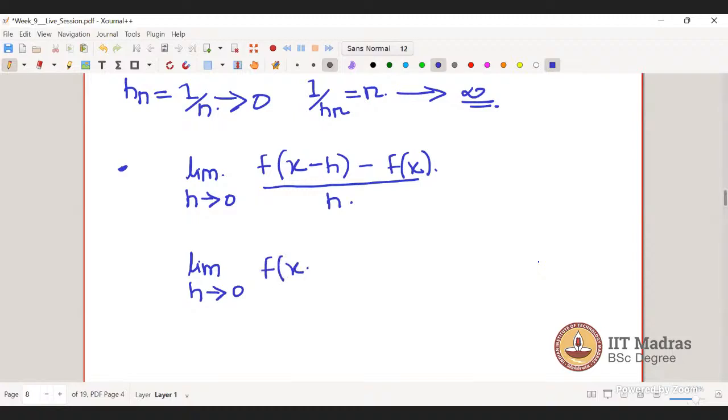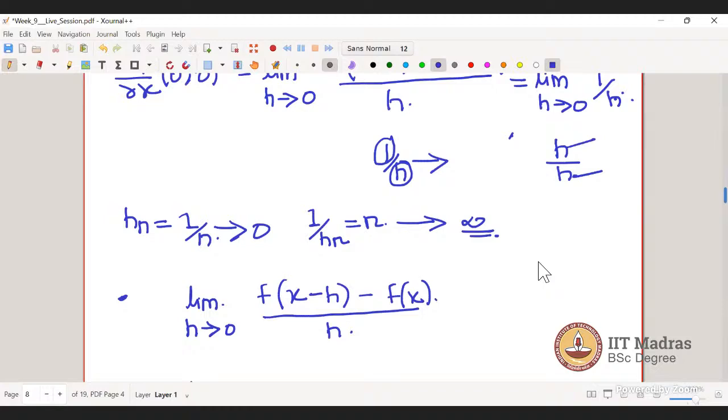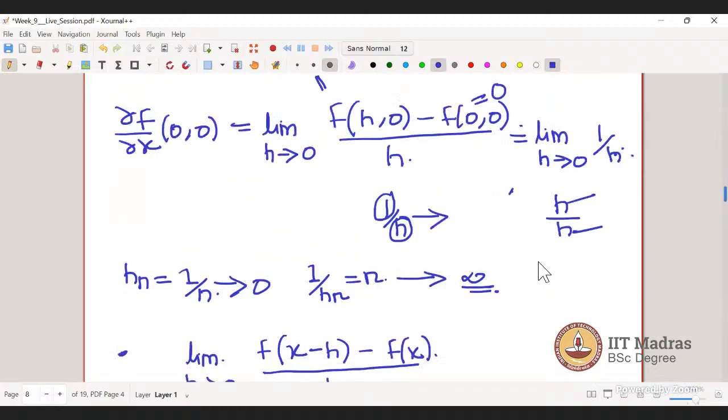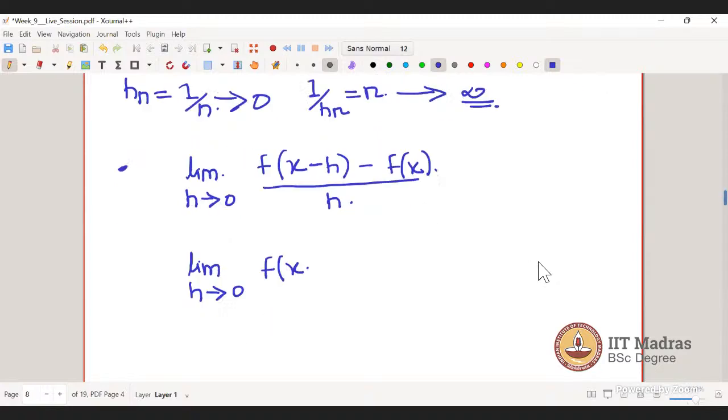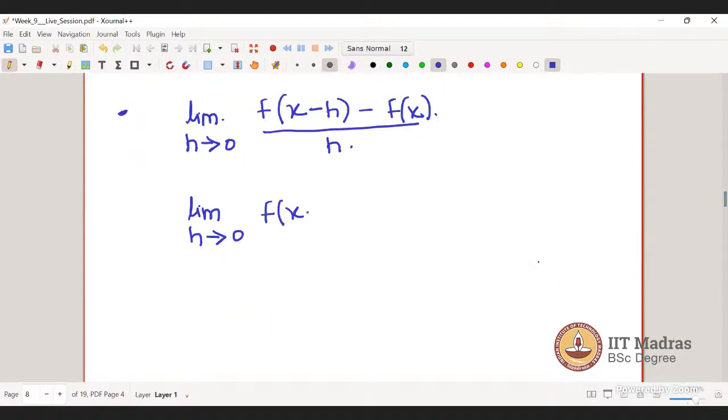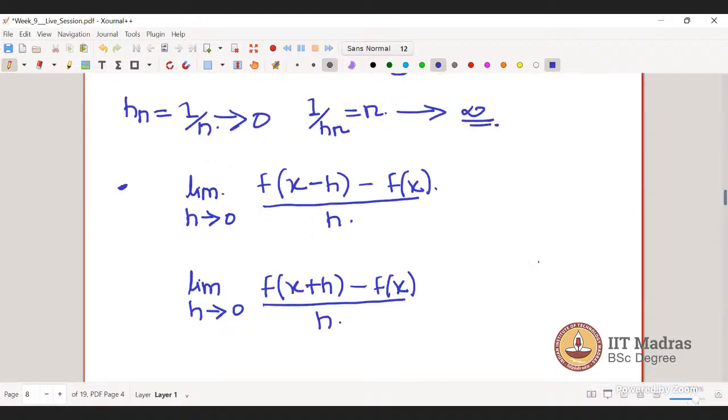Okay, let me, I thought that the left hand limit is coming as -1 and the right hand limit is coming as 1. So the thing is, let me write what you are saying. You want h to be positive, right? Yeah.